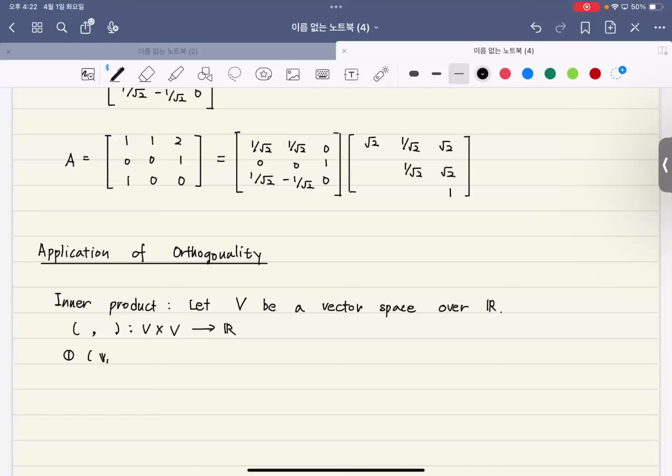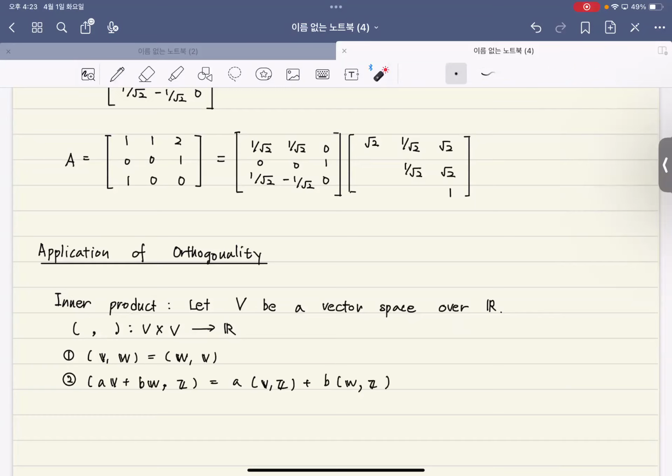First, it has to be commutative. Second, it must be linear: (aV + bW, Z) = a(V, Z) + b(W, Z). In other words, the inner product must be linear in the first slot, but because of property number one, linearity in the first slot automatically implies linearity in the second slot too.